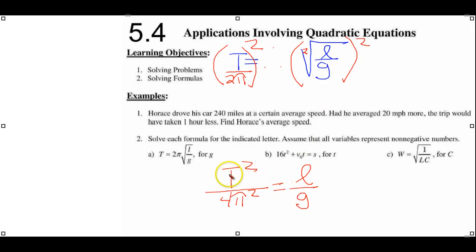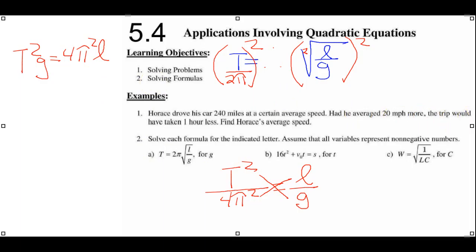And a technique we had earlier, running out of room, we're going to just cross multiply. So we get t squared G equals 4 pi squared L. Just cross multiplying. We had that in an earlier section.